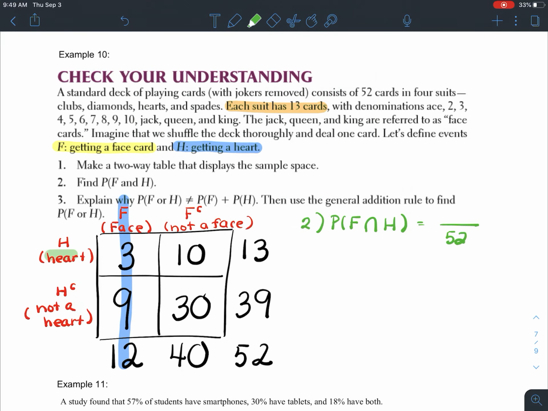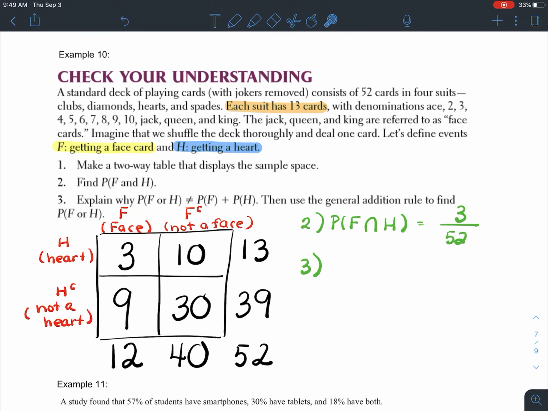So I want to glance through here and see where the face column intersects with the heart column. And I can see there are 3 cards total that are both faces and hearts. So that's going to be my numerator. There's the answer for number 2.